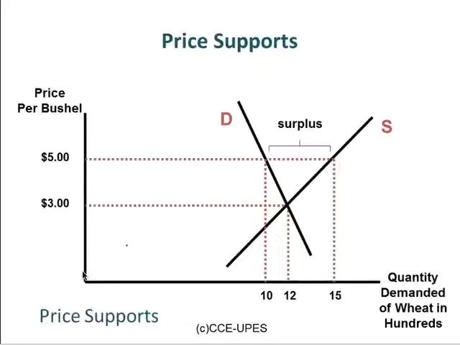Let's see the impact of price supports. This is the demand curve. This is the supply curve. Now, to help the agriculturists produce more, the government is giving an extra subsidy or supporting the price for a supplier to increase the supply.